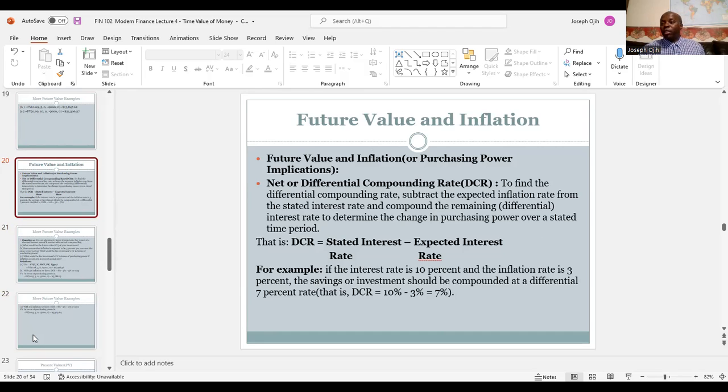Sometimes inflation can eat away your profits. So that will be our next lecture, how to factor in the effect of inflation when calculating the future value of an investment.